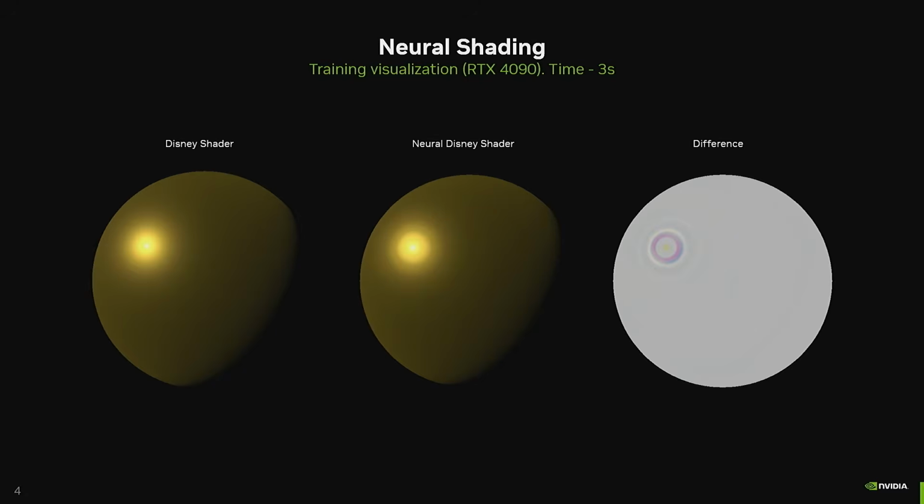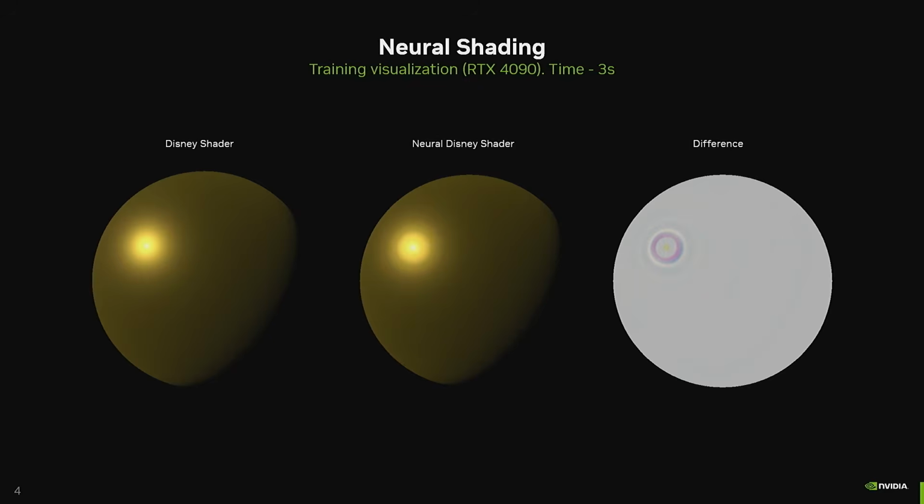Here is again a screenshot from the shader training example from our SDK. On the left is the original Disney shader. In the center is the neural shader that approximates the Disney shader.